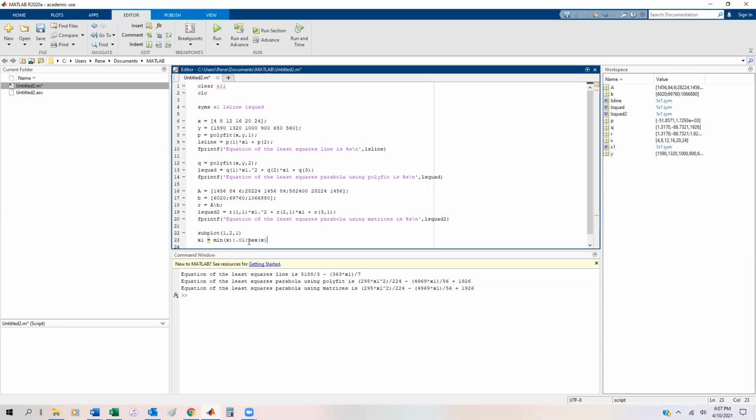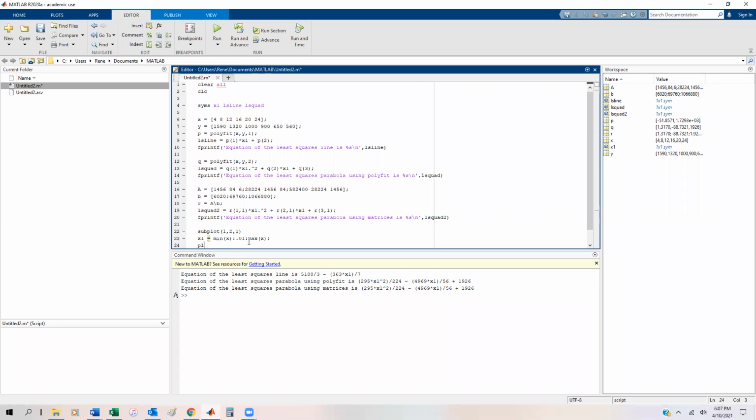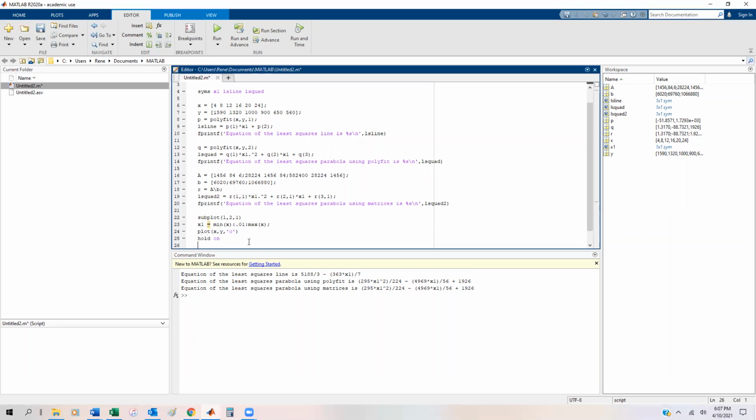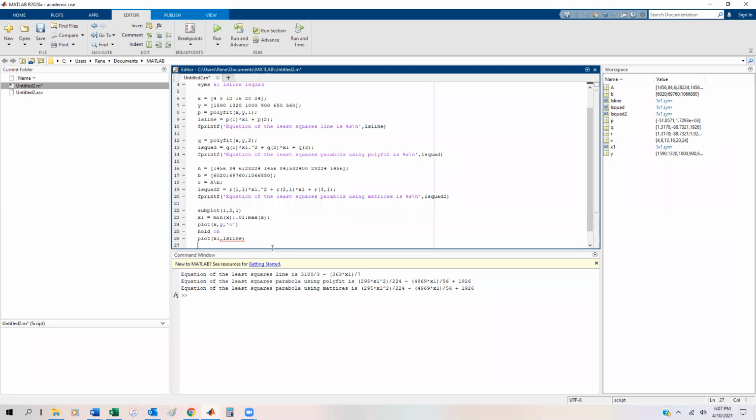All right. And then we're going to plot x comma y as a scatter plot. And then we're going to hold. And then we are going to plot x1 versus ls line. And we're going to hold off.